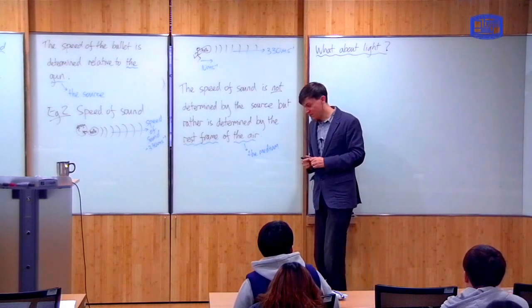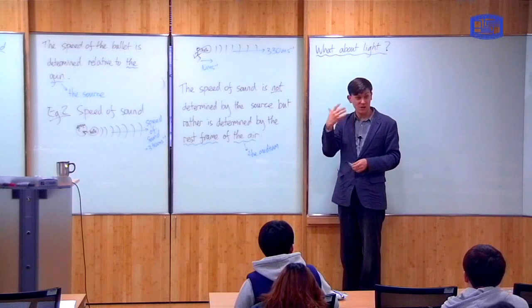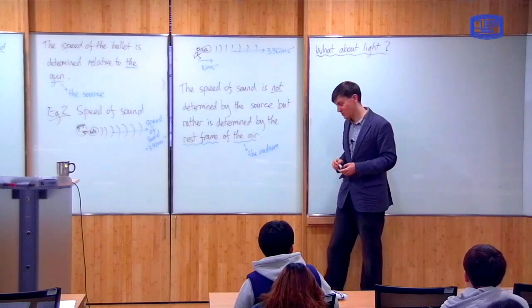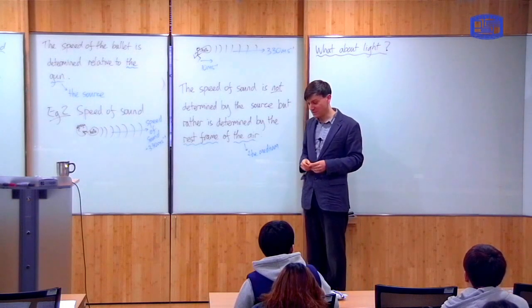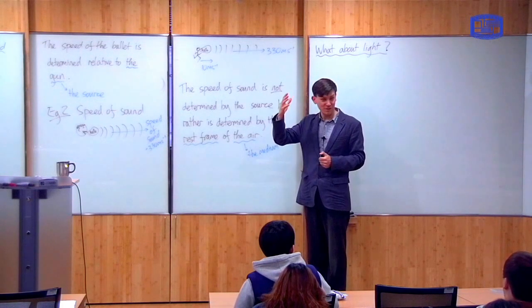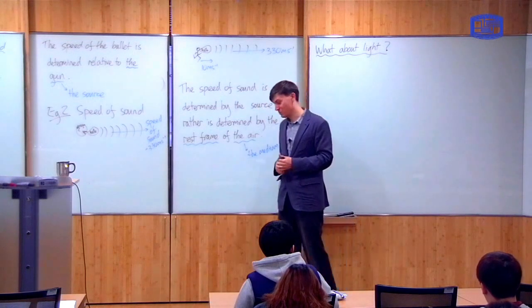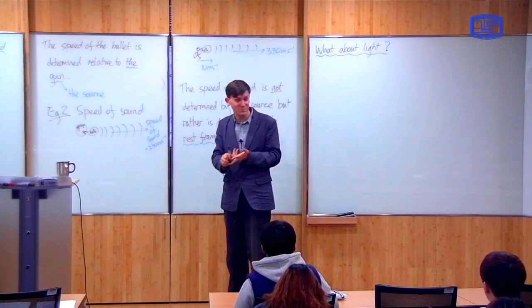In the 1700s and 1800s, a lot of experiments were done on light. The results of most of these experiments showed that light could be treated as a wave. Light has wave-like properties. You can do refraction experiments, diffraction experiments, and so on.